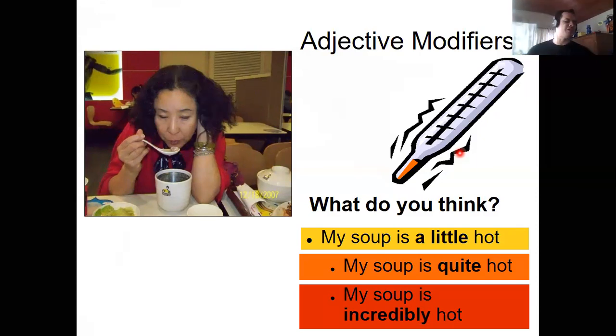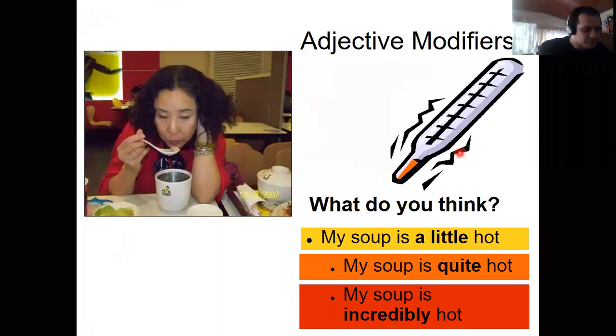¿Hay alguna otra definición para incredible? ¿Alguien la buscó? Incredible. Increíblemente. ¿Qué más? Amazing. Maybe, Fabiana, it's amazing. Okay. ¿Quién más? ¿Quién encontró otra definición de incredible?